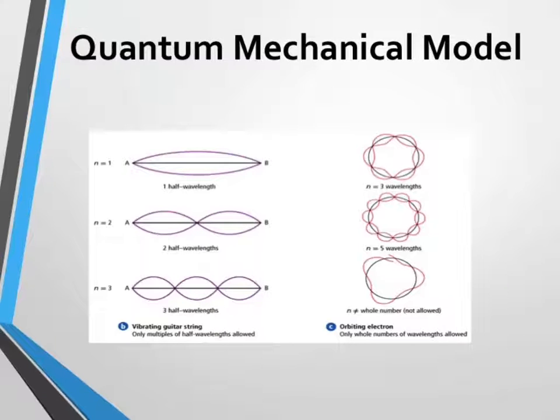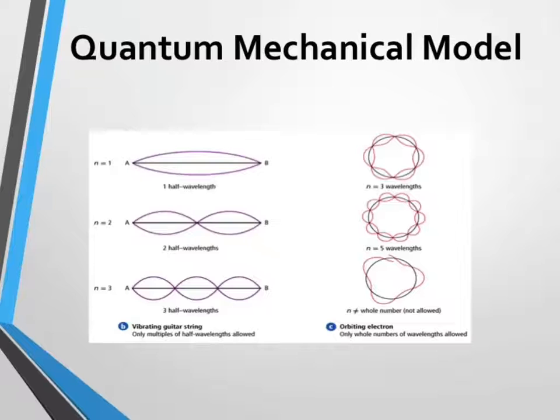So this is what the quantum mechanical model looks like. You have these particles or these waves, and everybody knows what a wave does, but we're not in straight lines. An atom is circular, so these go in circles around the atom. And we have this wave-like behavior, and they're in whole numbers.